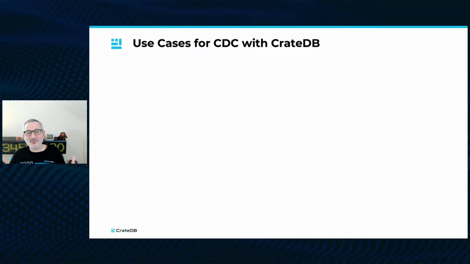And why might you want to do that? If you've got data in one database, what's the point of streaming it into another one? Well, if you want to move it into CrateDB, there's really 4 things that you might be doing that for. So the first one will be because you want to get some sort of real-time analytics. So Mongo is built for fast document-based transactions.